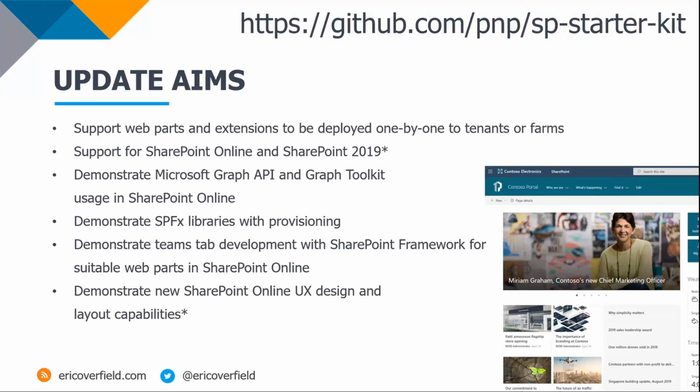Of course, there are great demos already available for that, but we wanted to include that in this more packaged solution. We also wanted to include a SharePoint Framework library so that you could see them together in a full deployed solution, as well as it then getting deployed.